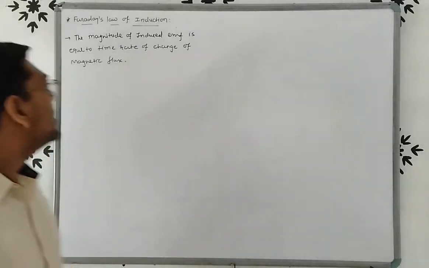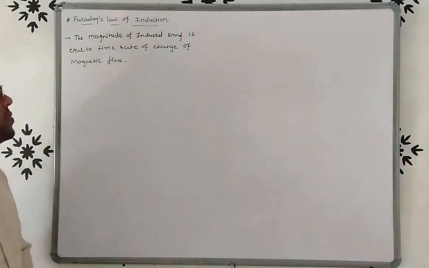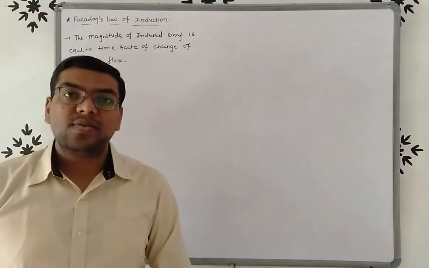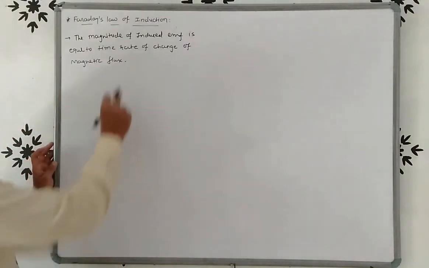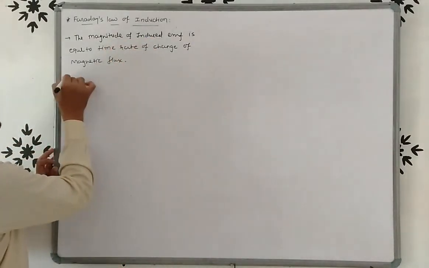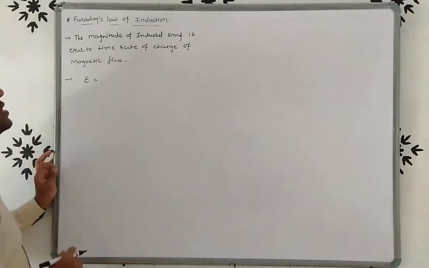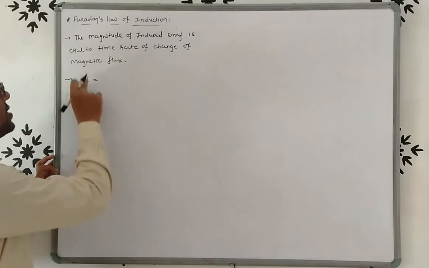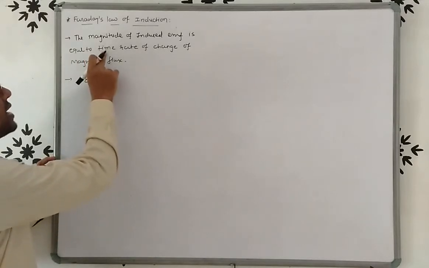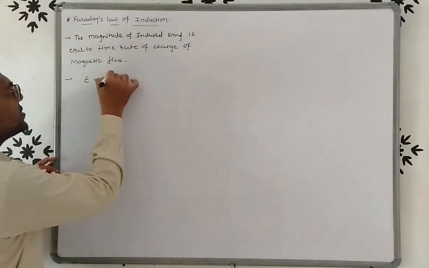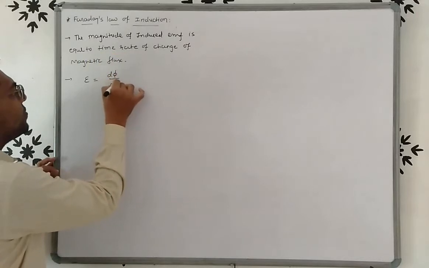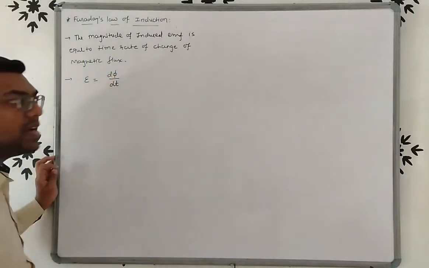So here we denote magnetic flux by phi. Here the magnitude of induced EMF, so EMF is denoted by E. So this EMF is equal to the time rate of change of flux. The rate of change of flux is d phi by dt.